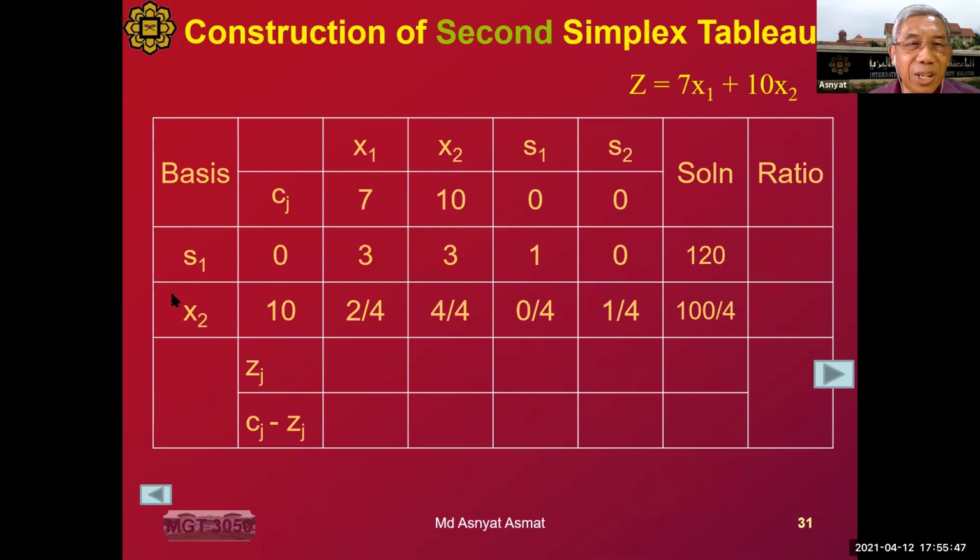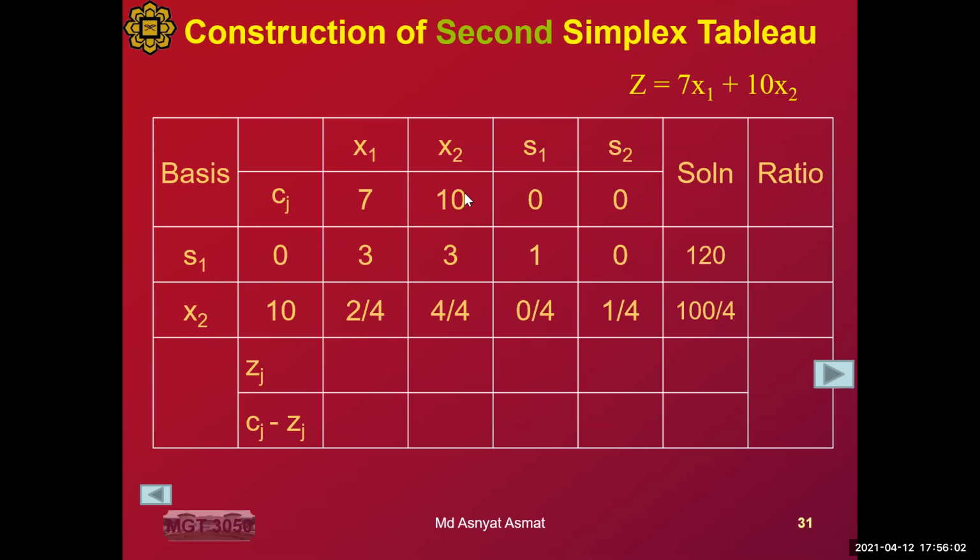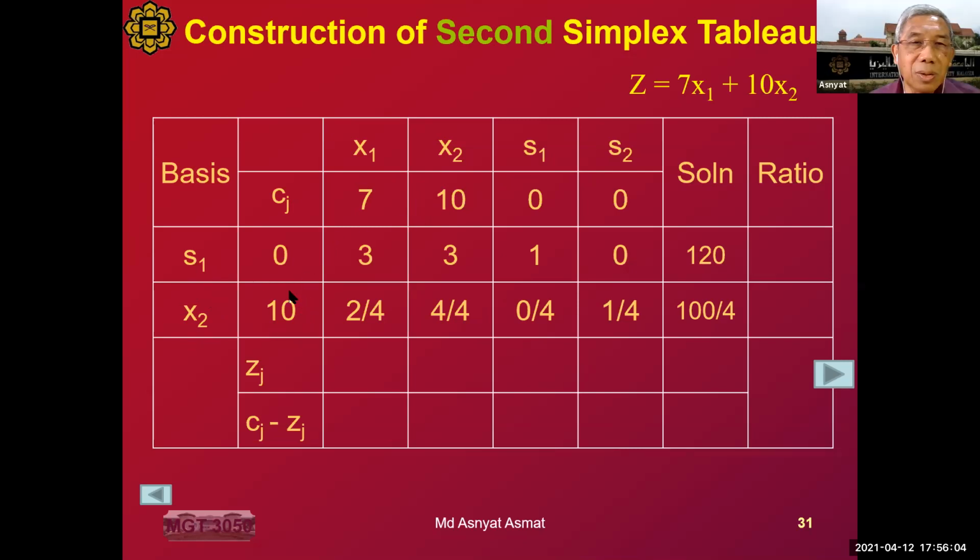Bye-bye. When X2 comes in, what's the coefficient of X2 from somewhere here? 10. So we bring 10 here. It's no longer 0. It was 0 because just now it was S2. So this time 10.